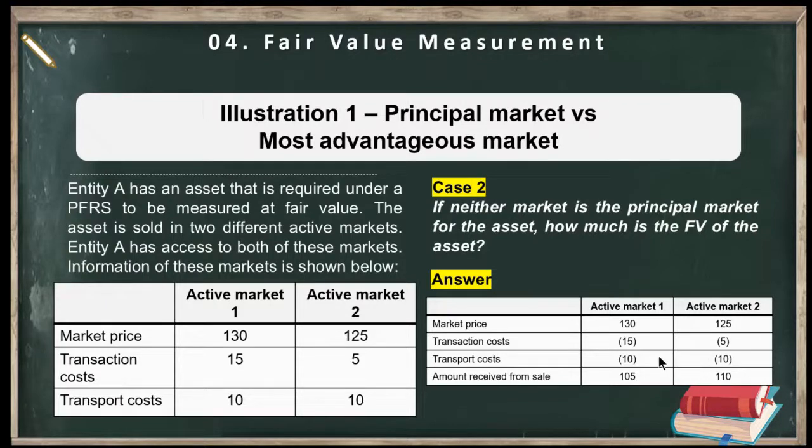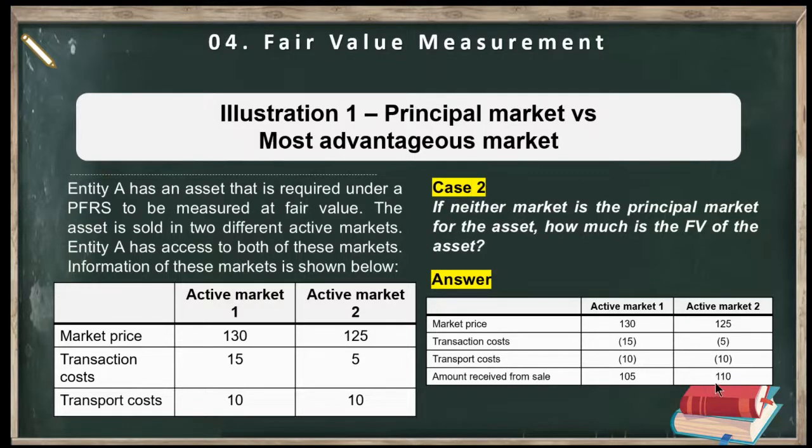So the most advantageous market would be the market nga mas dako og amount nga ma-receive from the sale. So between the two, mas dako man si active market 2, so therefore the most advantageous market is active market 2. Pero ang kanibang 110 ang fair value, the answer is no.